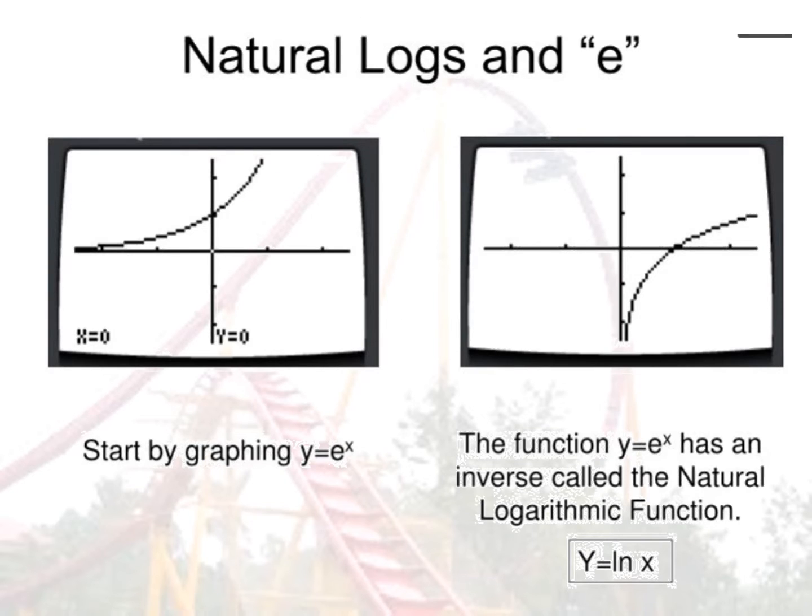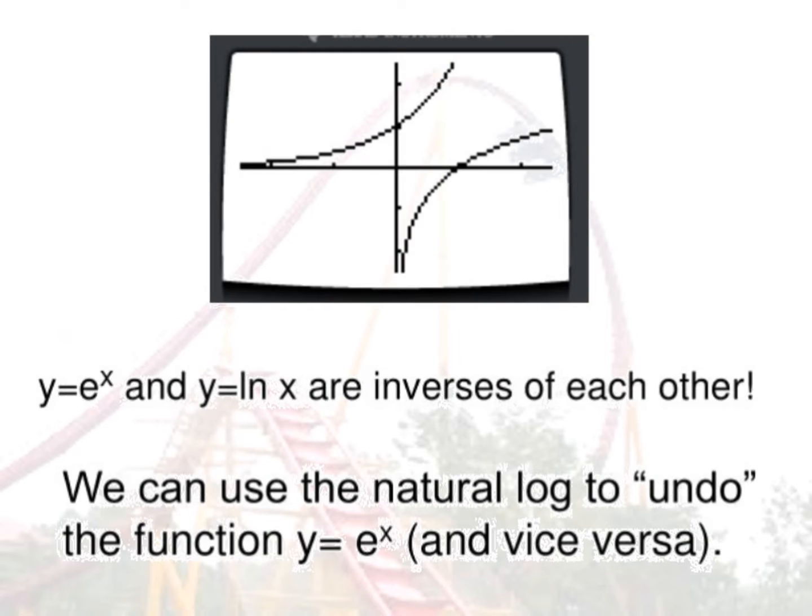Natural logs and e. So let us start graphing y equals e to the x. The function y equals e to the x has an inverse called the natural logarithmic function, which is y equals ln x, or the natural logarithm of x. y equals e to the x and y equals ln x are inverses of each other.